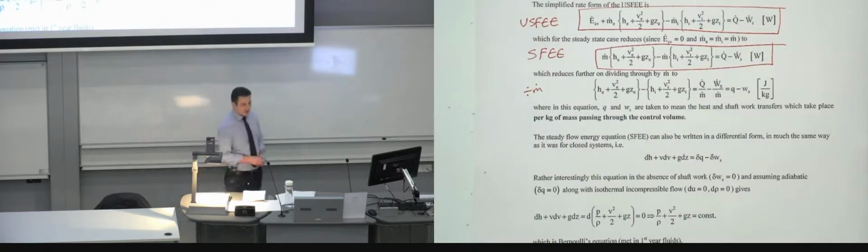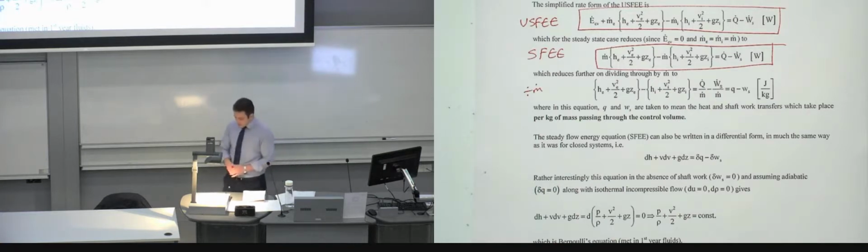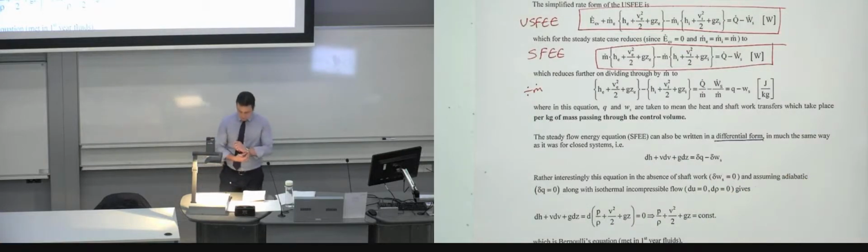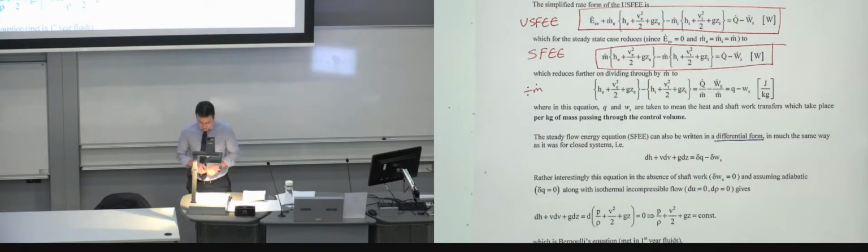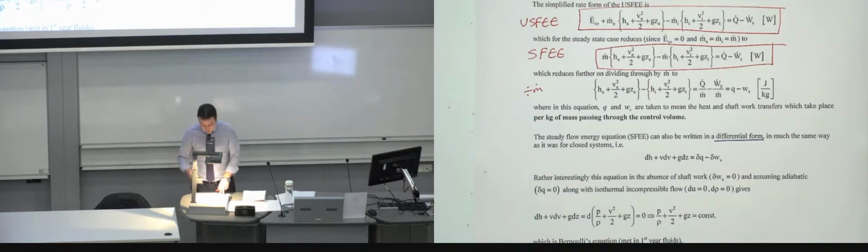You could define this equation in the form of differential form. And remember I said when it comes to differential form, it actually becomes quite simple, if you like, because the symbols become a lot easier, and therefore it's quicker to write.